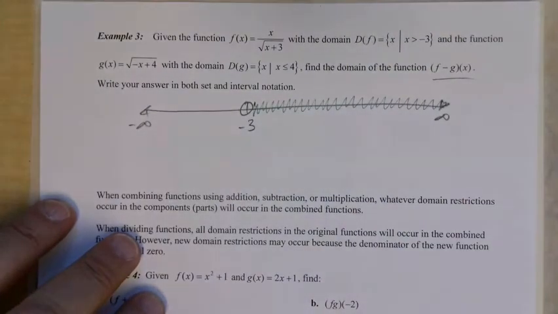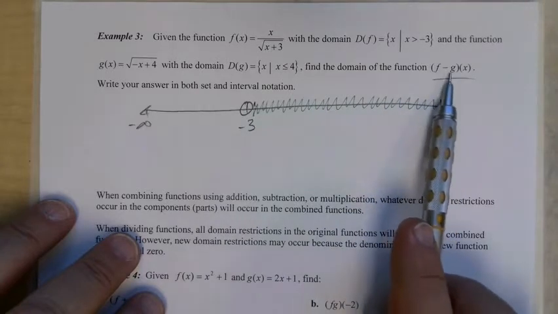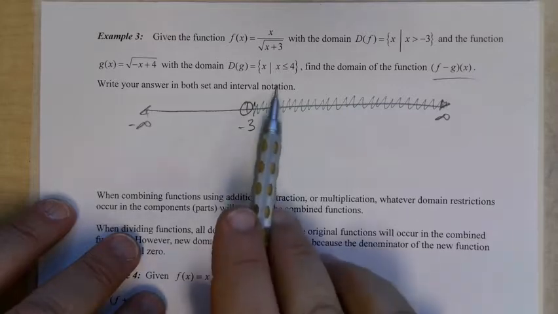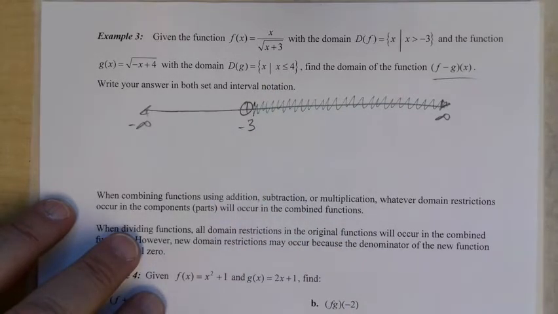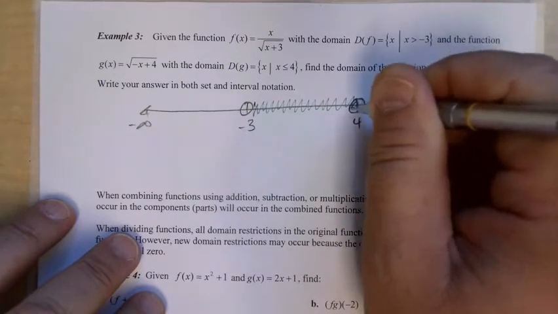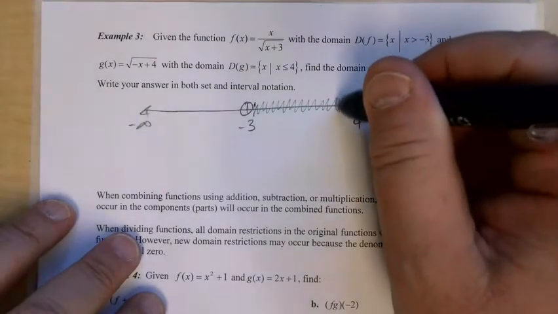And remember, when we're finding the domain of a function like this, where we're combining two functions, we're just combining the domains. And this says x is less than or equal to 4. Well, where's 4? Well, 4 is up here, and it's a solid dot there, so it's included, and it's less than or equal to 4, so it's everything smaller.